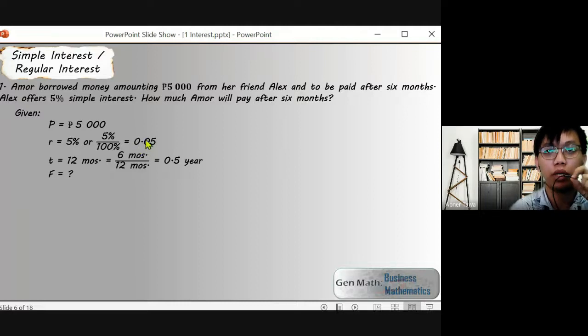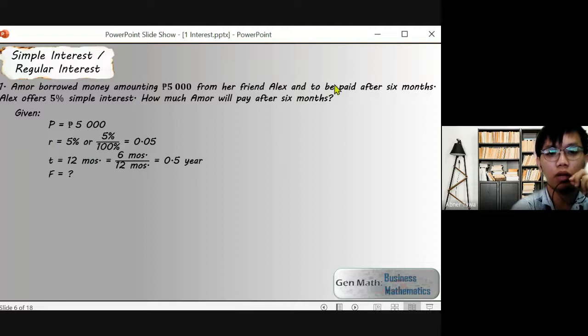And then that will be its decimal form there. So that will be 0.05. Or kung para mas maintindihan natin, you can just divide the percentage by 100%. So 5% divided by 100% or 5 divided by 100 is simply 0.05. So always express yung rate of interest in decimal form before natin gamitin sa pag-solve ng unknown.